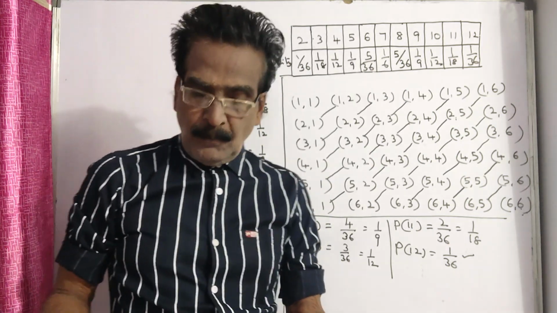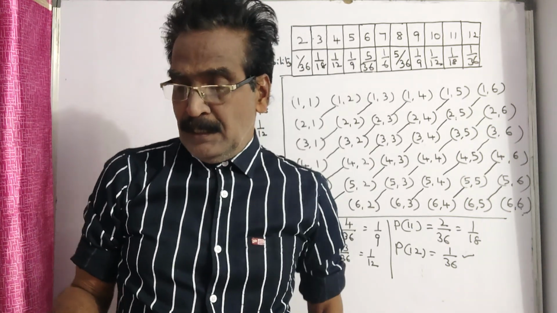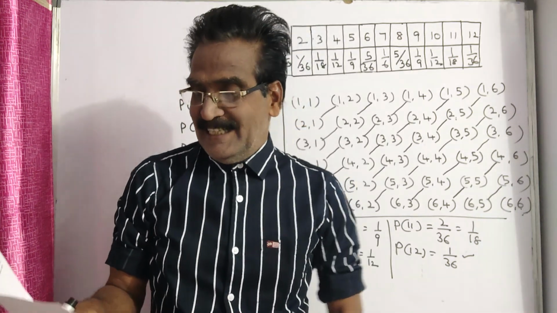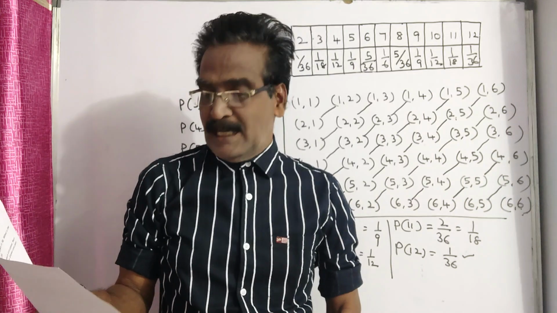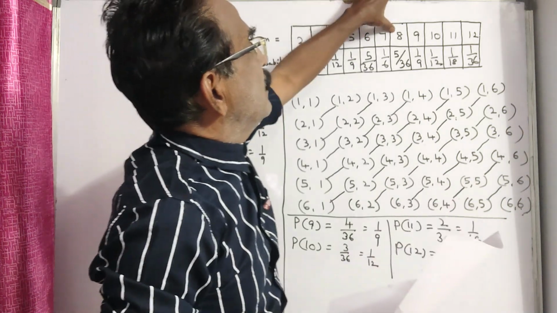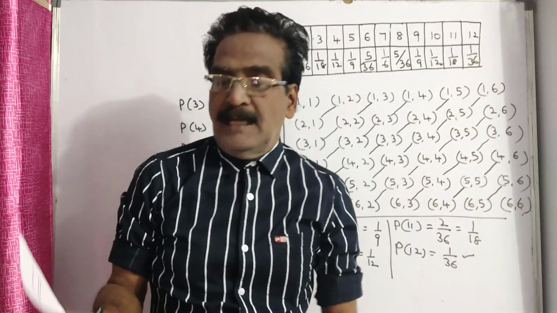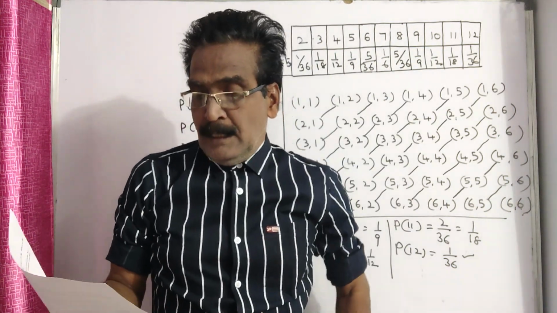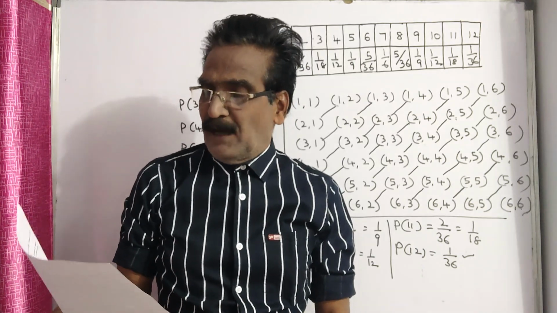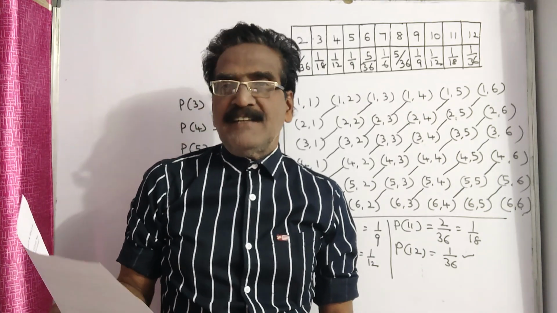Now one more question is also given, friends. From the above table, a student argues that there are 11 possible outcomes, 2 to 12, that is 11 possible outcomes. Therefore, each of them has a probability of 1 by 11. Do you agree with this argument?